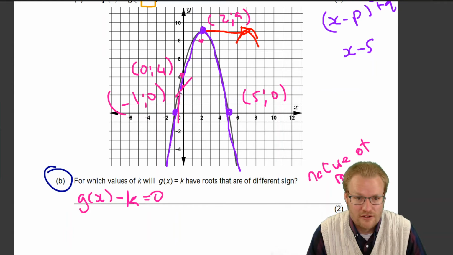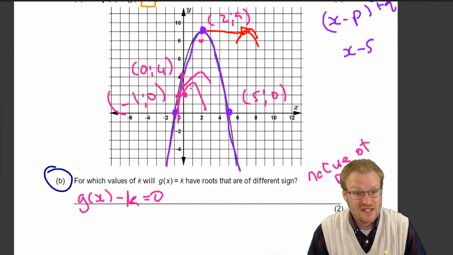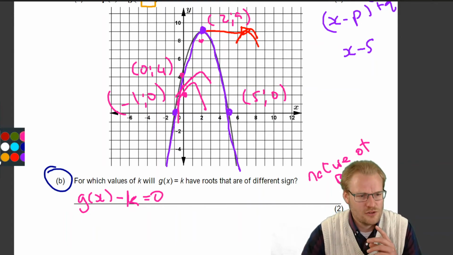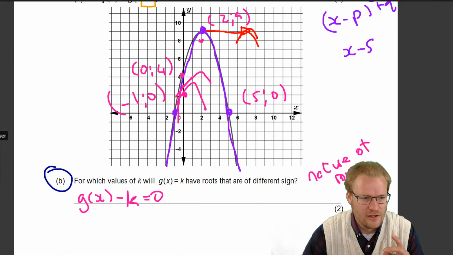There'll be 1 negative because it has to cross that axis, and this other root's definitely going to be positive because it has to cross. If we moved it down by 2, well, if the y-intercept is positive and it's got this shape, it must have a negative root and it must have a positive root. So that's the idea.